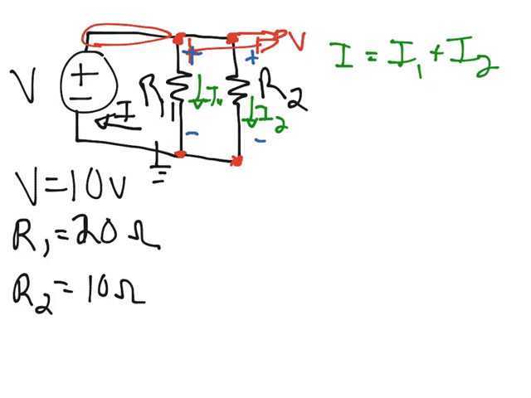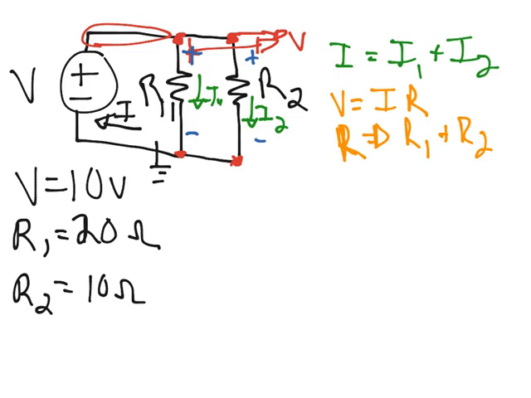You could also say that V is equal to IR, where R is equal to the summation, it's not directly equal to, but the summation of R1 plus R2.